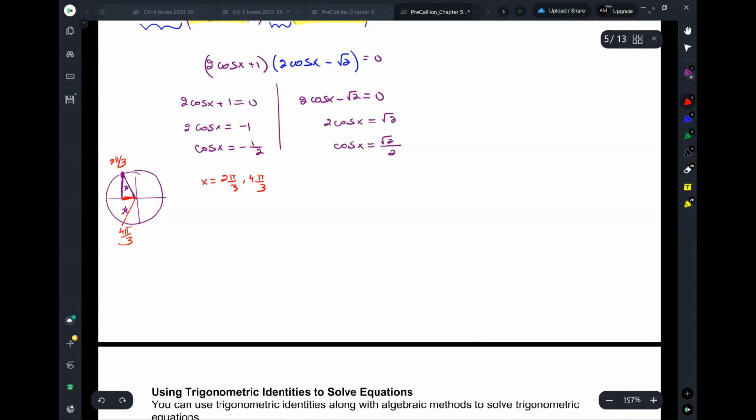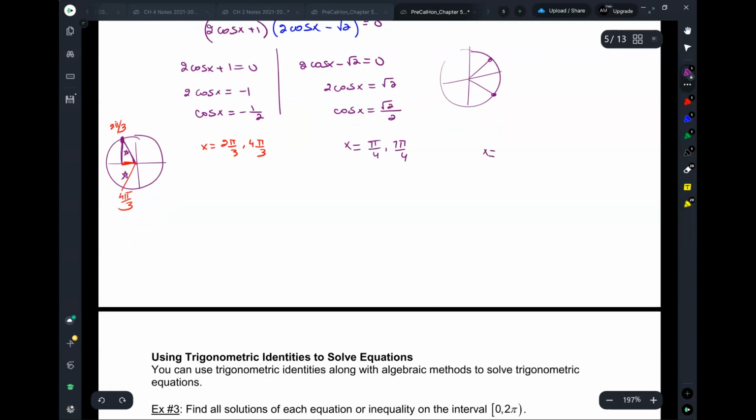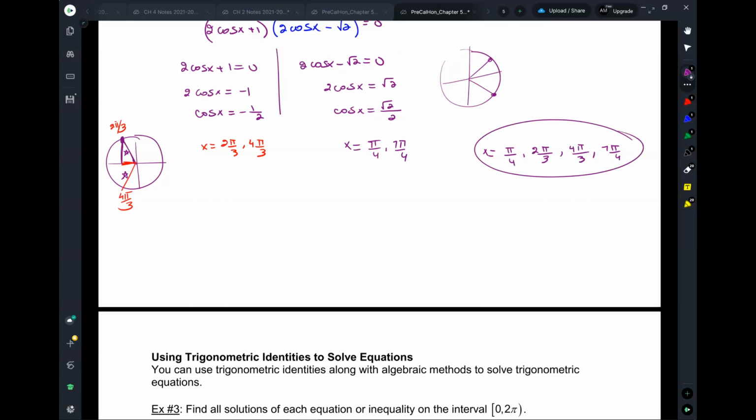And here we want cosine to be positive root 2 over 2. So which angles are those? Pi over 4 and 7 pi over 4. All right, so those are the 4 answers. And if you wanted to put them in order, it's pi over 4, 2 pi over 3 in the second quadrant, 4 pi over 3 in the third quadrant, 7 pi over 4. Right? It's easiest if you go by quadrants.